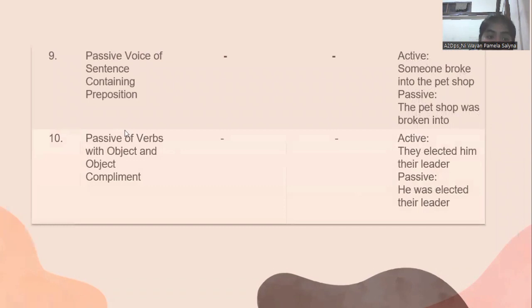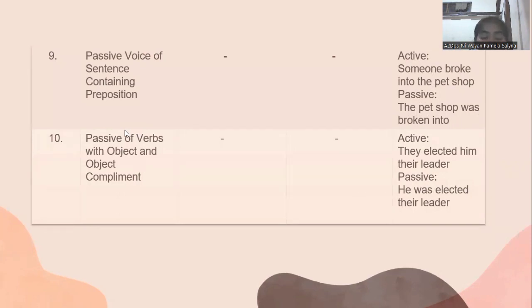And then passive voice of sentences containing a preposition. When we put an active sentence where a preposition follows the verb into passive, the preposition remains immediately after the verb.